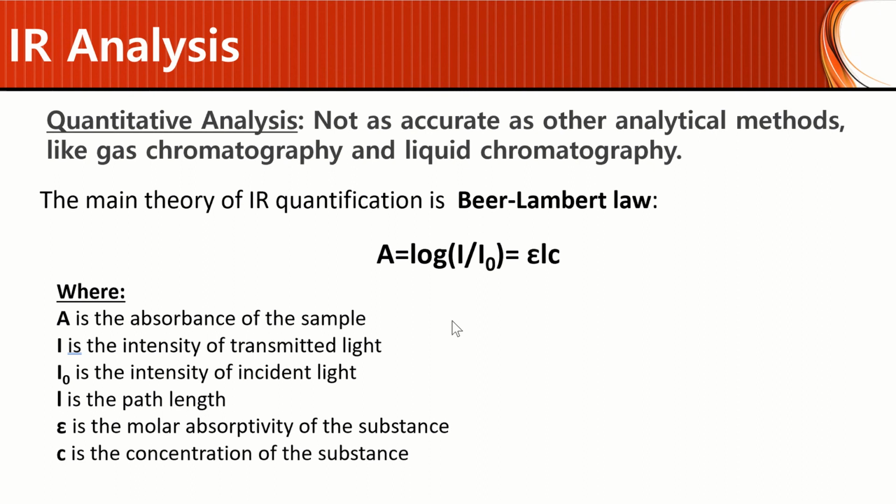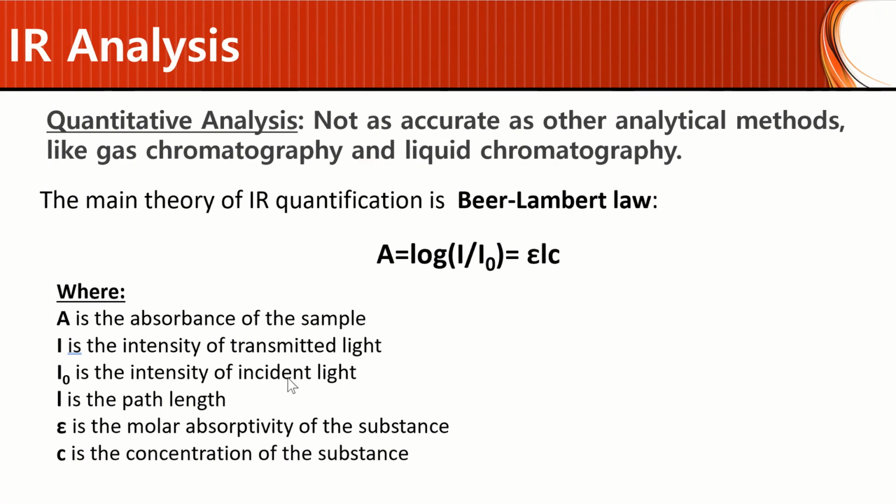So you may have been introduced to this equation before, where A represents the absorbance of the sample, I represents the intensity of the transmitted light, and I naught is the intensity of incident light, L is the path length here, epsilon is the molar absorptivity of the substance, and C is the concentration of the substance.